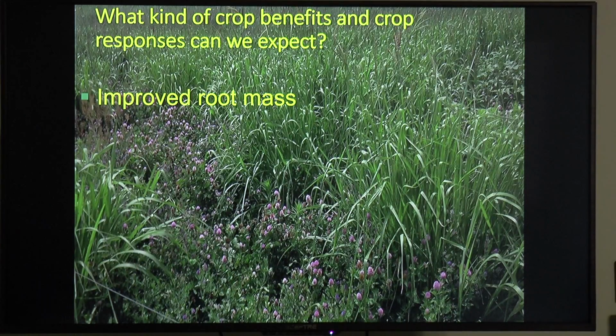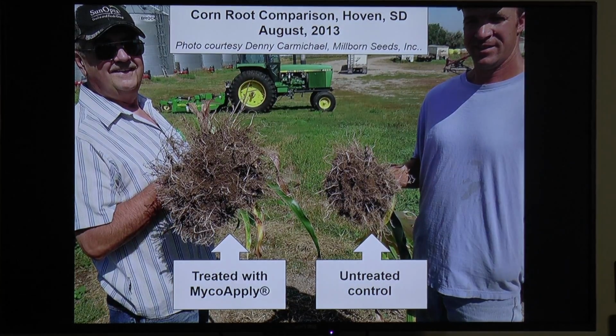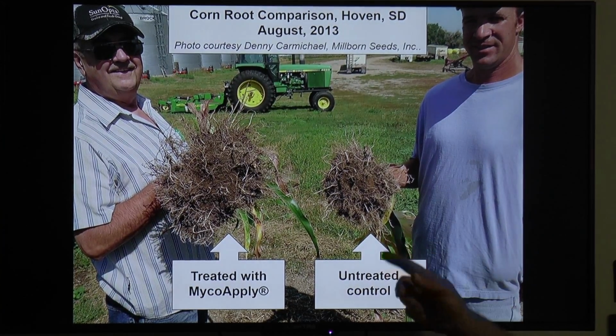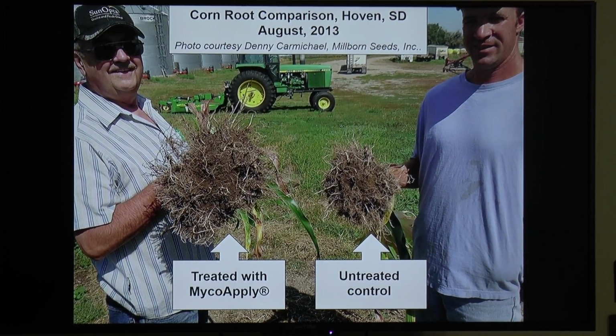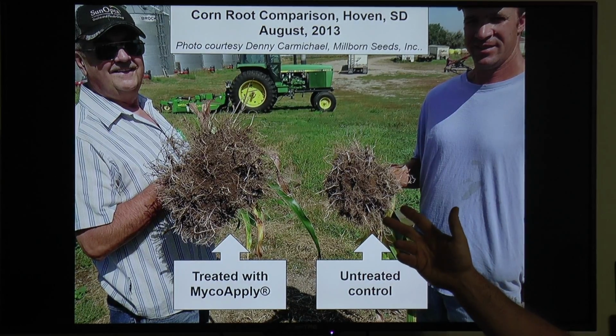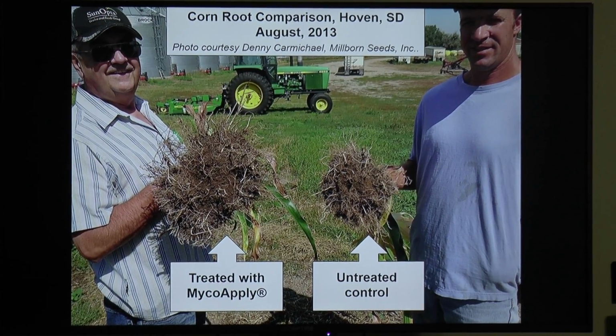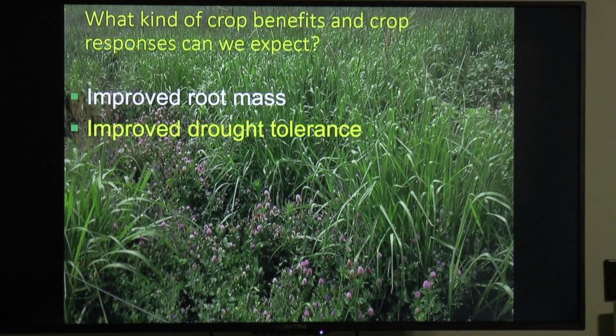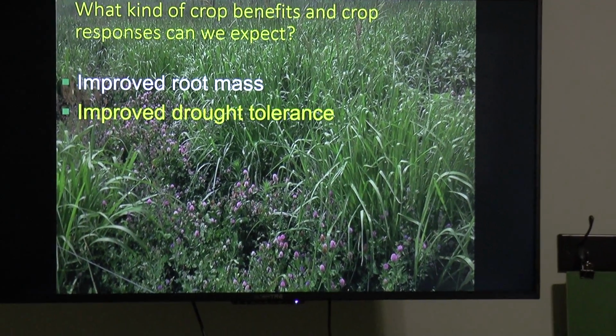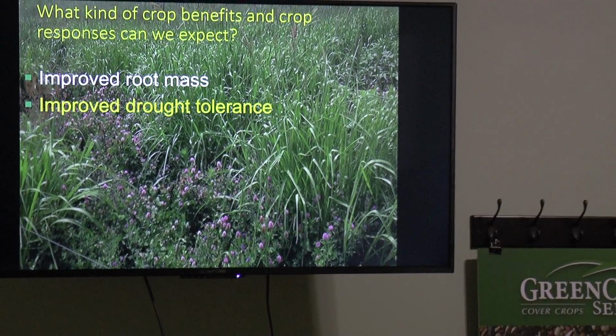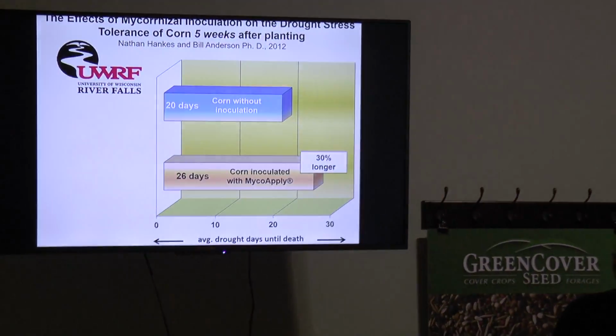So what does mycorrhizal fungi do for the plant? Well, one of the first benefits is an increase in root mass. Here are some corn plants, and you can see a very small root system here, and on the inoculated control, a much bigger root system. So that's one benefit. Improved drought tolerance. Of course, if you have bigger roots, you're going to have access to more water in the soil.